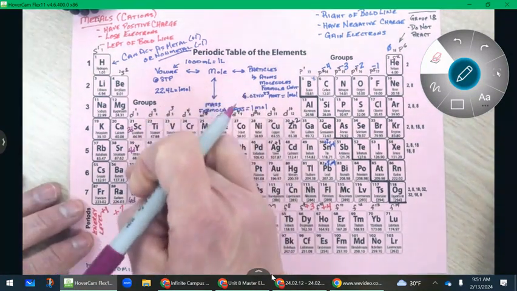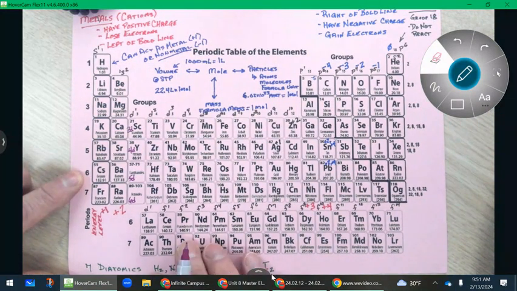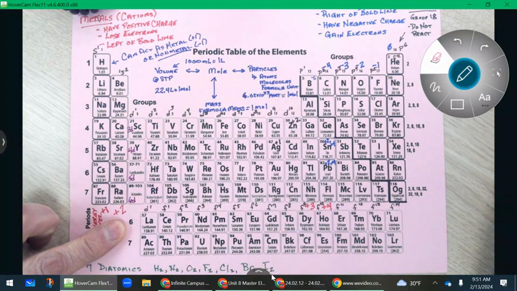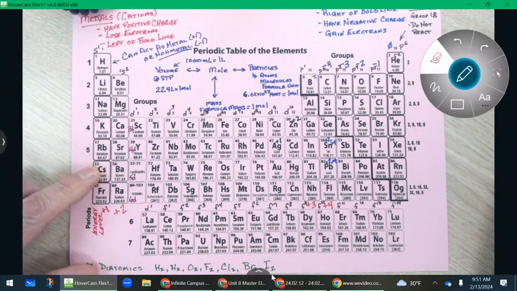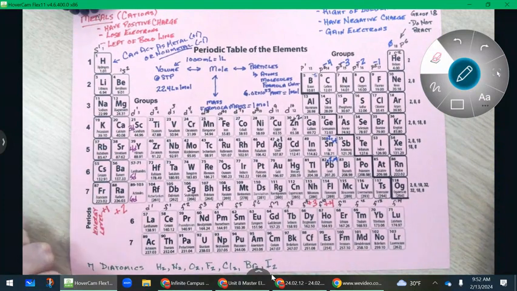So the D's filled 1 behind, correct? The F's are filling 2 behind, right? Okay. So in the 6th energy level, what F's are these if they're 2 behind? 4 F's. Which element is the 4F?